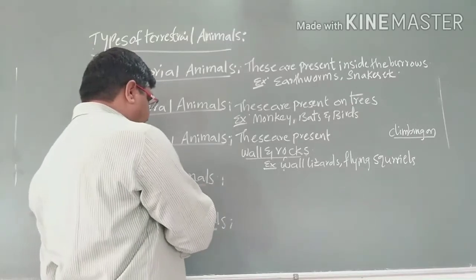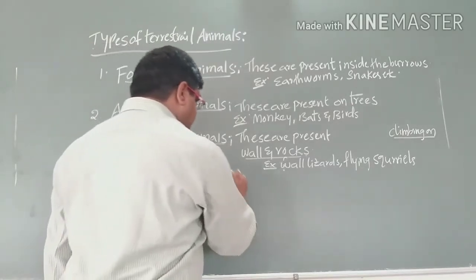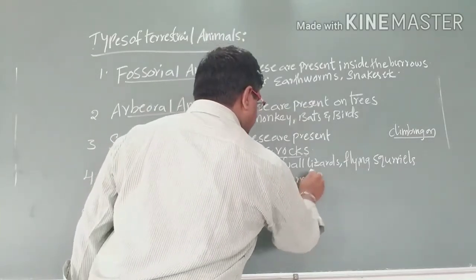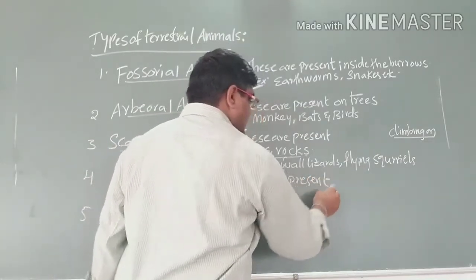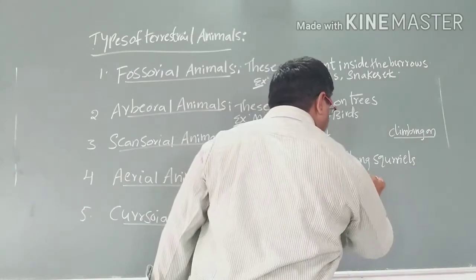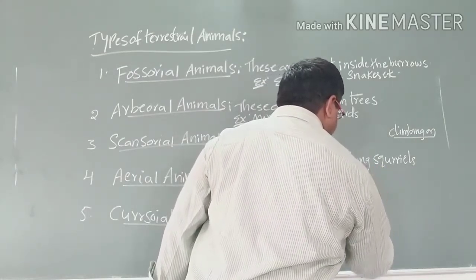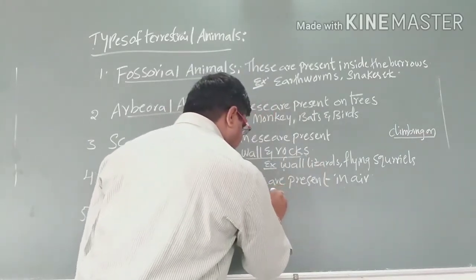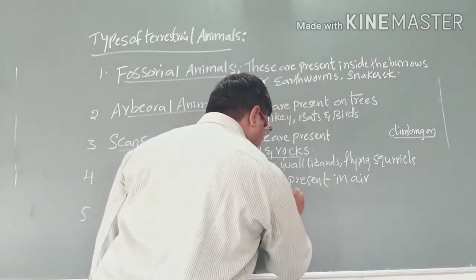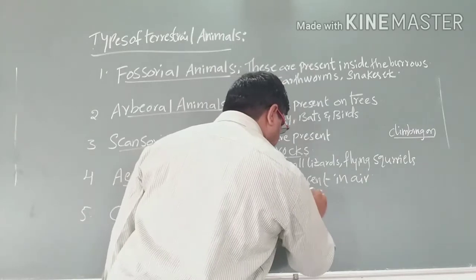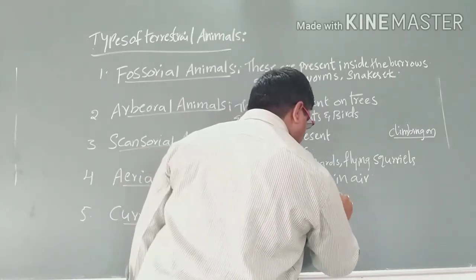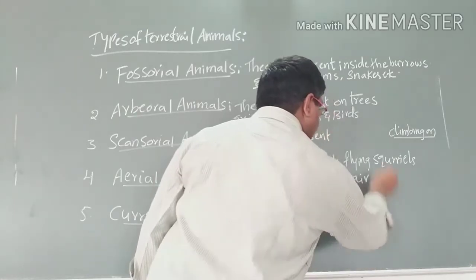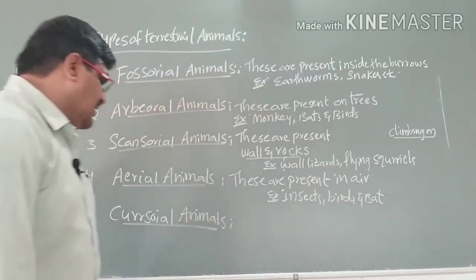Next, aerial. These are present in air. The organisms which are present in air are called aerial. For example, insects, birds, and bats.